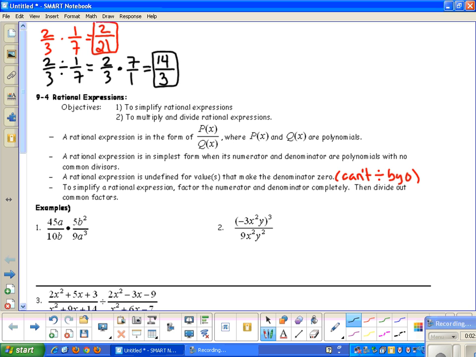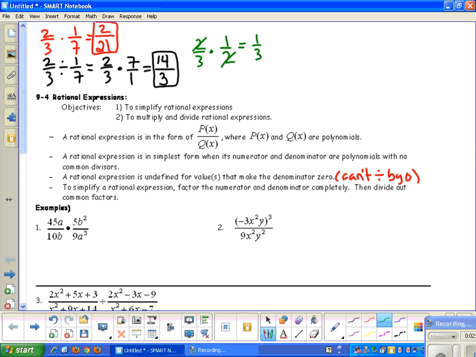Let's say instead we had something that did have a common factor. So instead, let's say we had 2/3 times 1/2. If this was the case, notice that we have a 2 right here in our numerator and a 2 in our denominator. Since they're being multiplied, we can cancel out those terms, and this would be equal to 1/3.